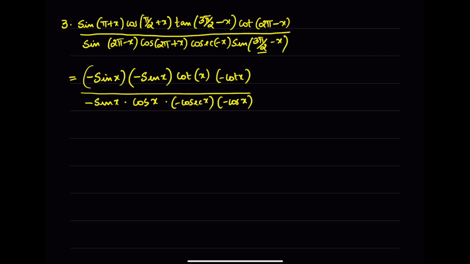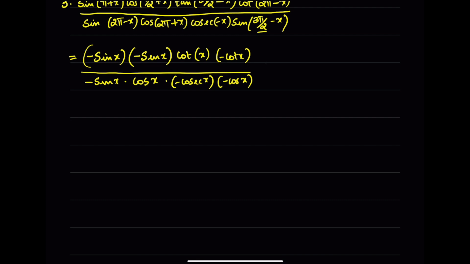Let us check this. So cot can be written as sine by cos. So this will be minus sine x times minus sine x times cos x by sine x times cos x by minus sine x.